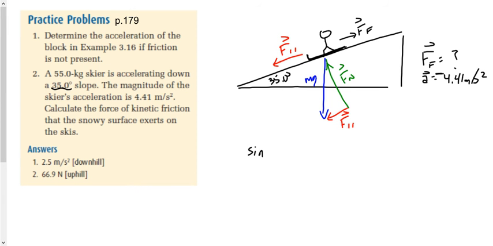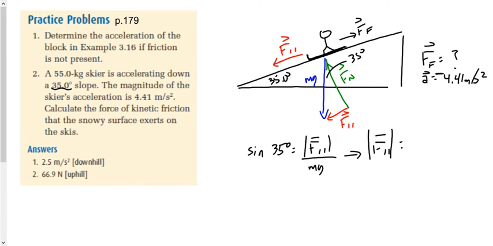Let's say sine, we know this is 35 degrees, right? Sine 35 degrees is equal to opposite, F parallel, over the hypotenuse. So F parallel is equal to mg sine theta, 55 times 9.81 times sine 35 degrees.